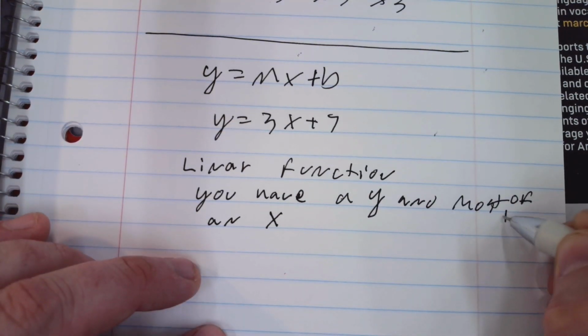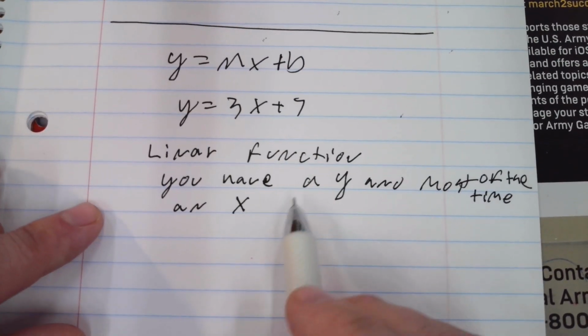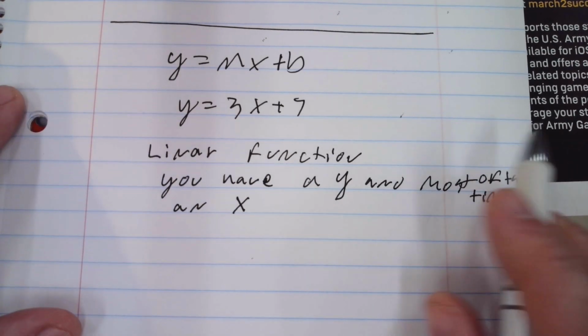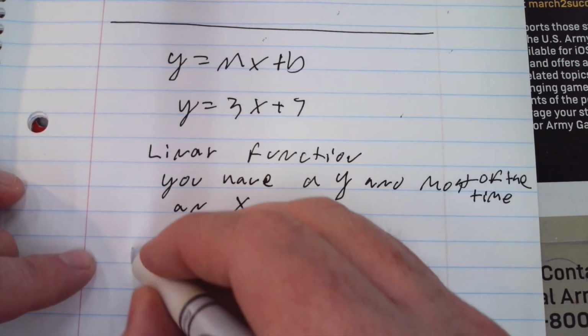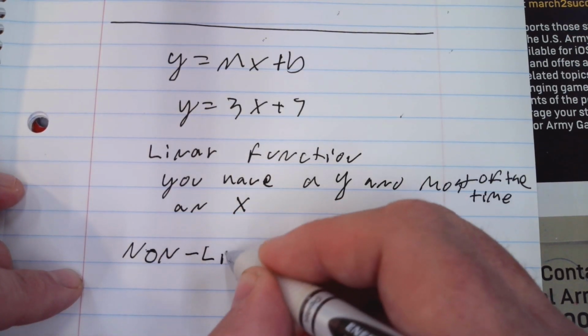I guess I need to write that, not just say it. Okay? You're going to have a y, and most of the time, you're going to have an x. What you're not going to have, so we'll call this nonlinear.